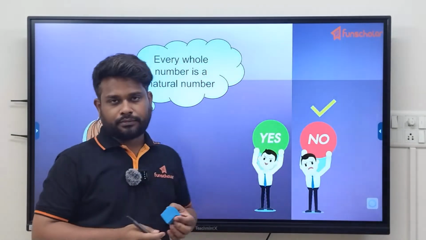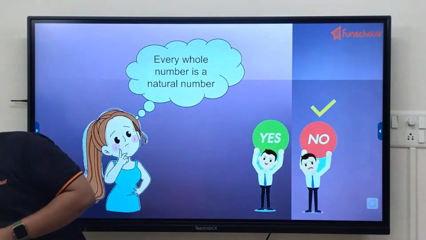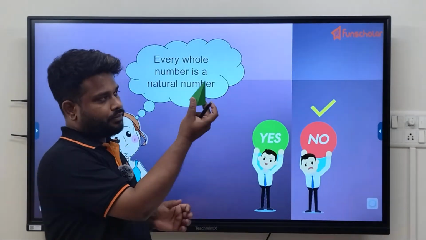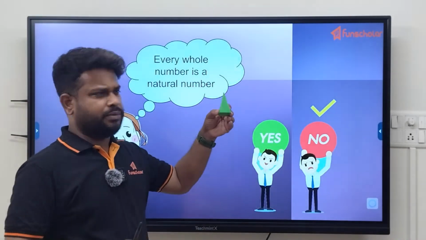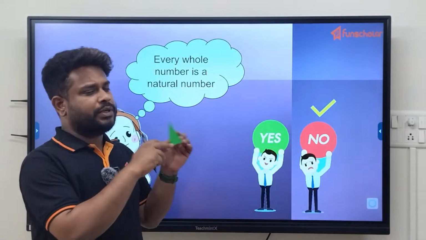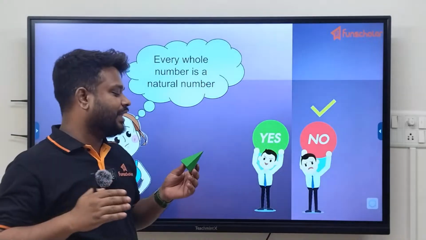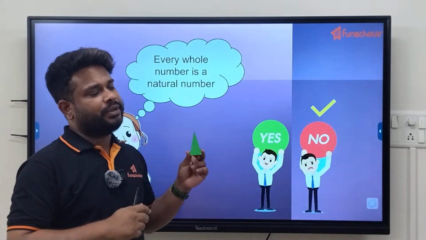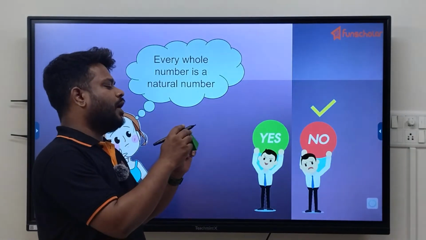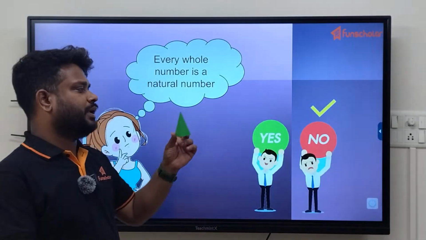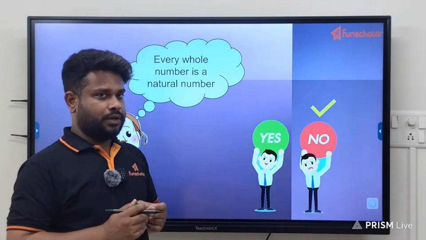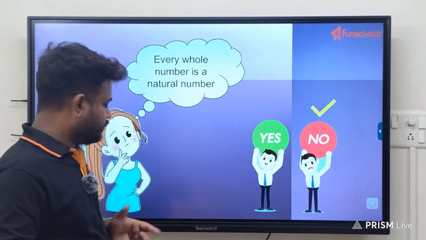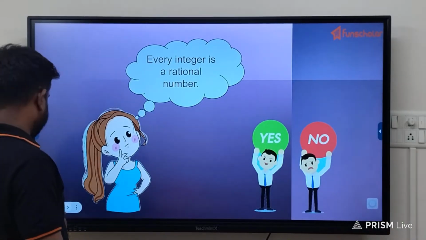But if I ask how many cones this pyramid has, this will be like a pyramid. You will say this is a triangle, but the three-dimensional figure of a triangle will be termed as a pyramid. So the pyramid has 1 cone, we can show it, but for the cube we can't. So let's go to the next one.